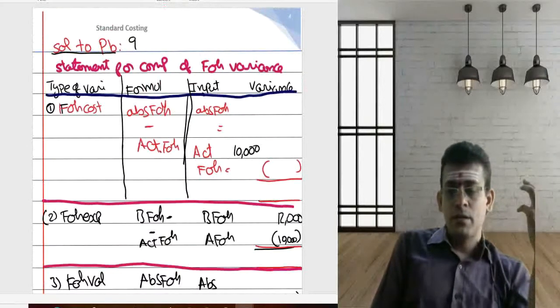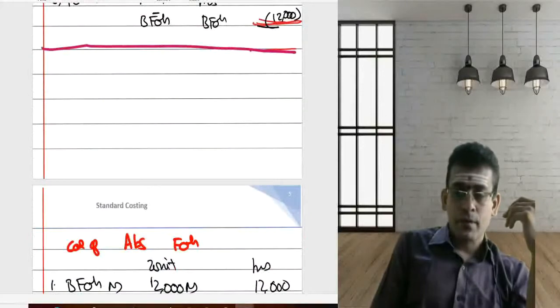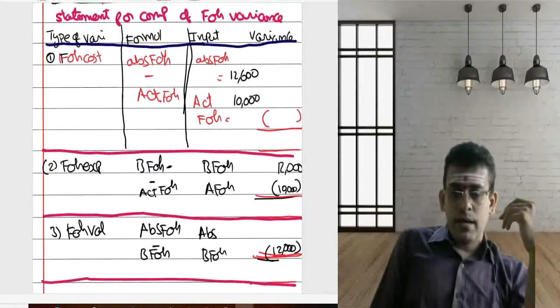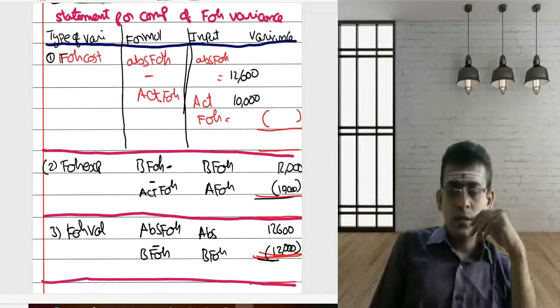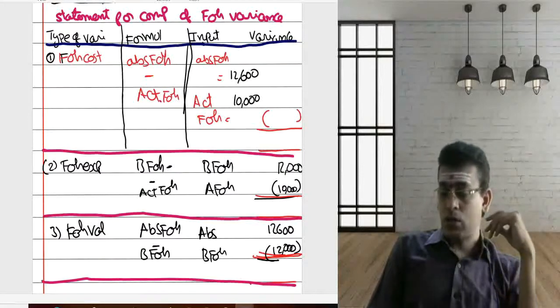Now let us come here. Wherever you are having observed fixed overheads, there you apply it as 12,600. And in your volume variance also you put this as 12,600. Now cost variance: 12,600 minus my actual cost 10,000.